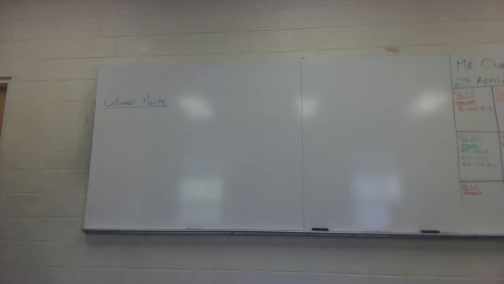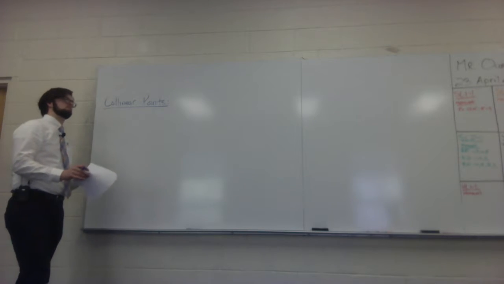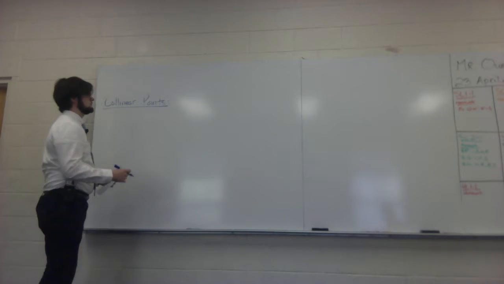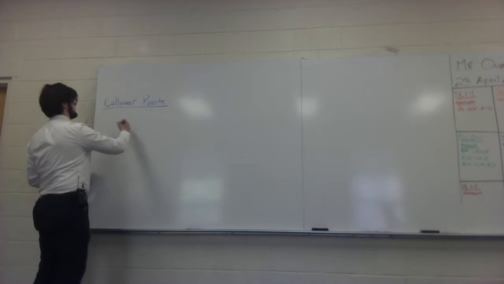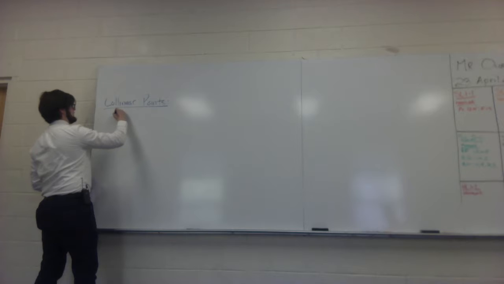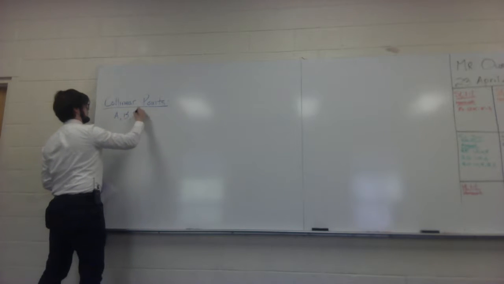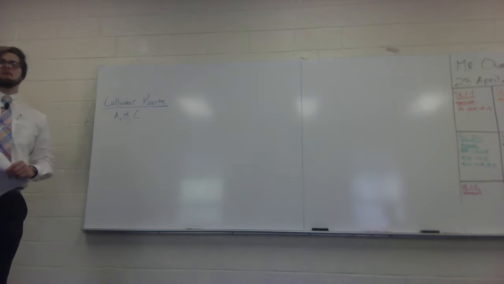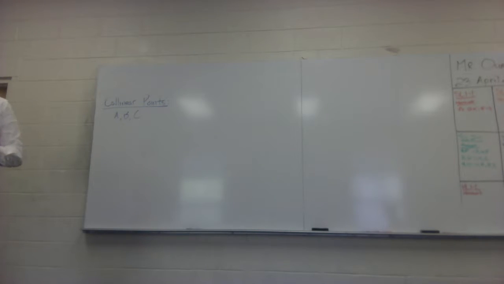Okay. Collinear points. That's the thing. What does collinear mean? They share a point on a line. They intersect a line. Right. So we would talk about the points and how many points will always create a line. 2.